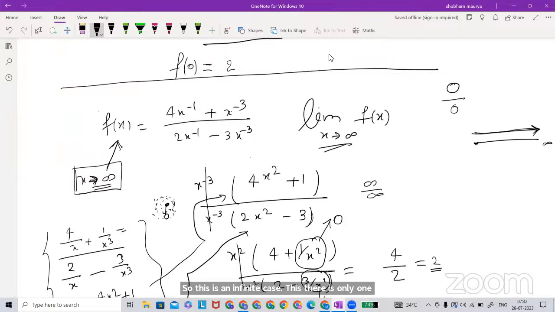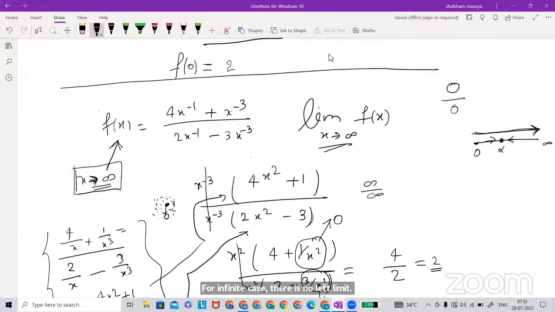If it is some fixed number, let's say alpha, where you want to find the limit, then this side is the left limit and if you approach from this side, it is the right limit. For a fixed number, we can do the left limit and right limit. For the infinite case, there is no left limit and right limit.